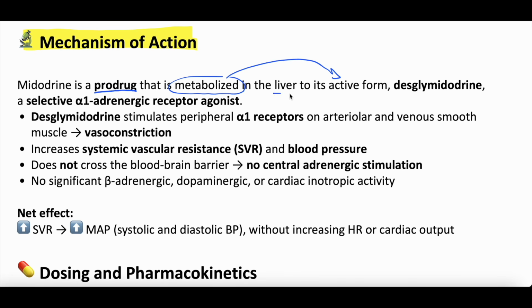This happens in the liver, where Midodrine is metabolized to its active form, known as desglymidodrine. We might have pronounced that wrong. Any pharmacists in the crowd, let us know. Desglymidodrine acts as a selective alpha-1 adrenergic receptor agonist.